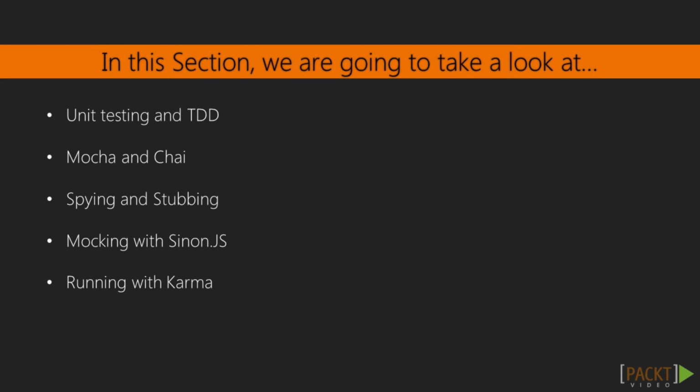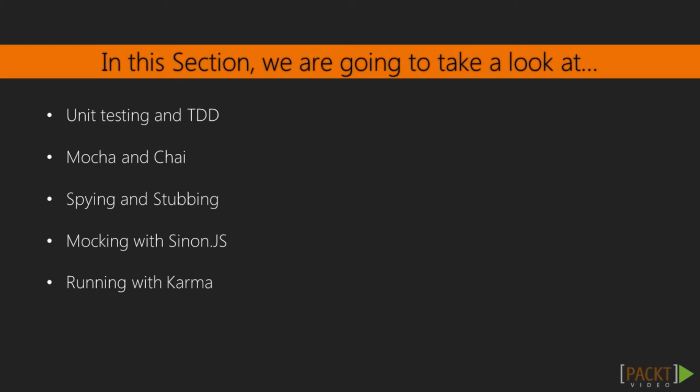First, we will learn what unit testing is, what test-driven development is, and what benefits testing provides. We will learn what Mocha is, what Chai is, and how to write tests. We will then understand what a spy is, what a stub is, and how to fake timers.